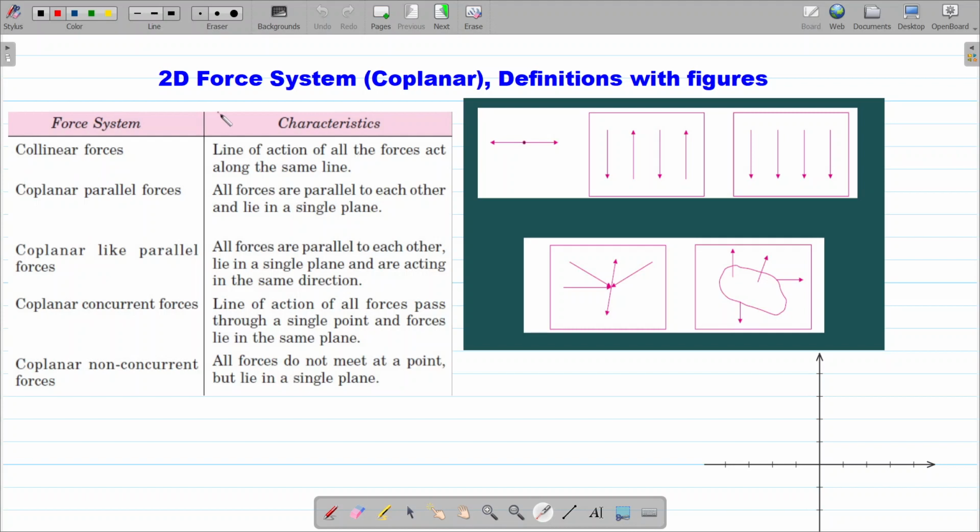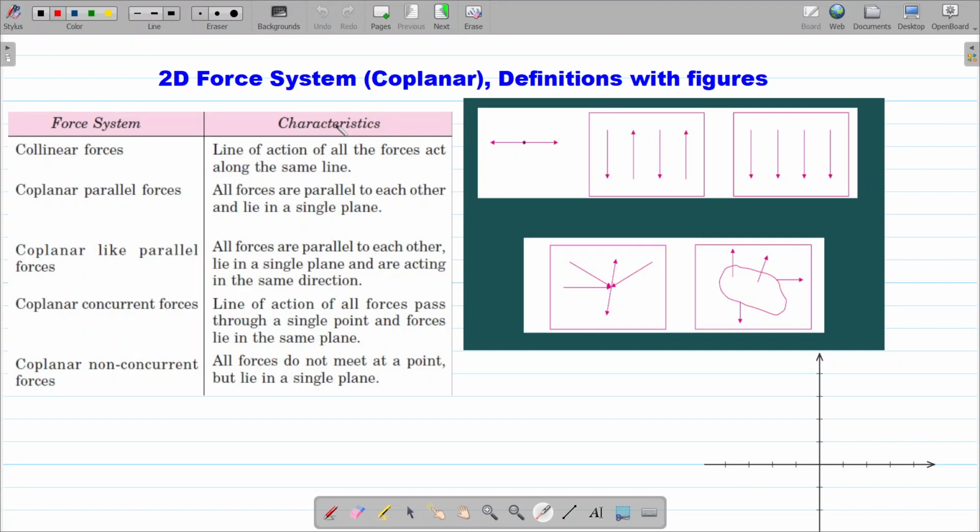But before that, why are we studying these 2D force systems? Because whatever design engineering subjects you will study during your course, these force systems are very common, not only in statics, but also in dynamics, solid mechanics 1, solid mechanics 2, machine design, mechanical vibrations, and stress analysis.